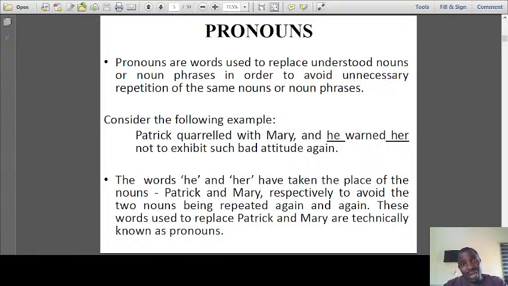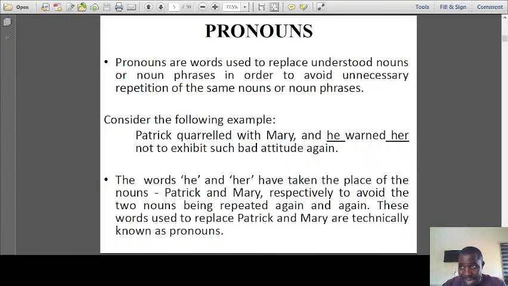Pronouns. What are pronouns? If you hear pronouns, what does it mean to you? I think some will always say pronoun is add to noun, or some will say replacing noun. So there is noun there.